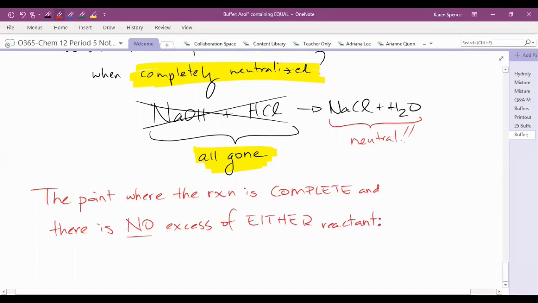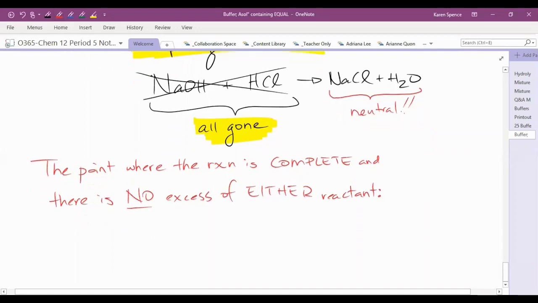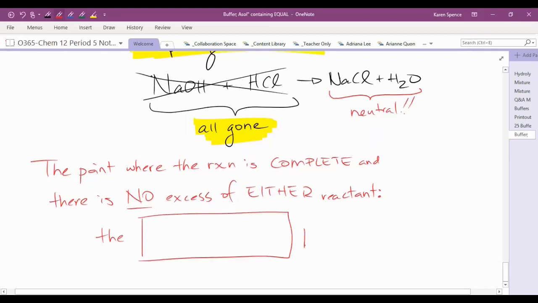That is called, anyone remember the name of that point? It's the something point. The tipping point. That's good. It is a tipping point, but that's not what we call it. It is actually called, and maybe we didn't discuss this before, the equivalence point.